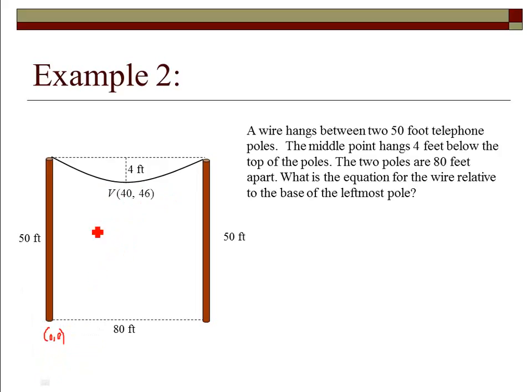Okay, plugging into our vertex form of the equation. Again, we're going to be using y equals a, which we have to solve for, times (x minus h) squared plus k. My h is 40, my k is 46. Plugging in the point it goes through, which in this case is this point I'm looking at, the x-coordinate is 0, y-coordinate is 50.